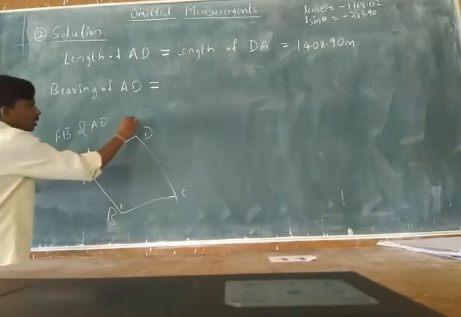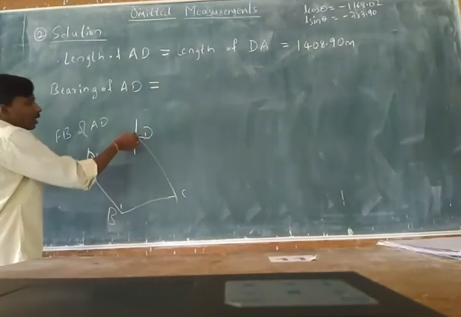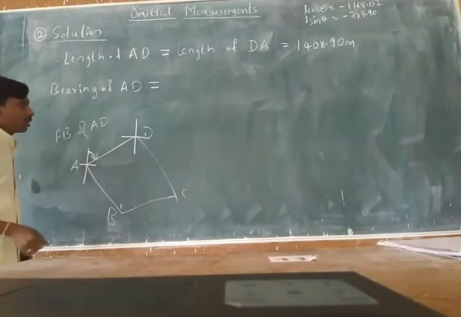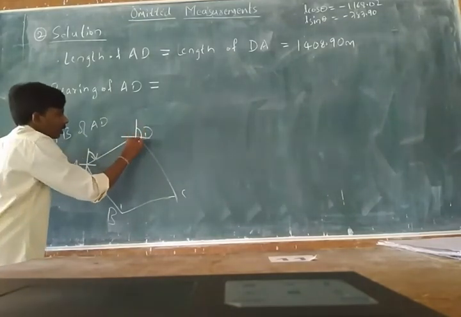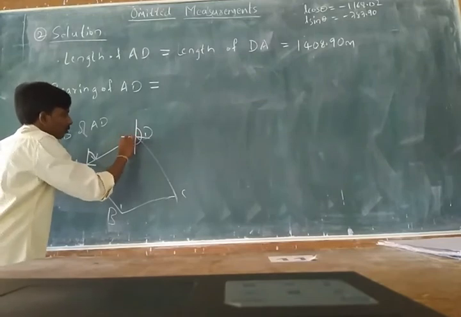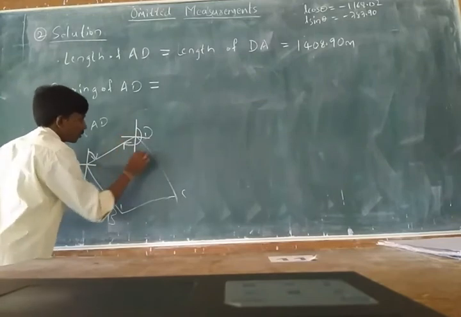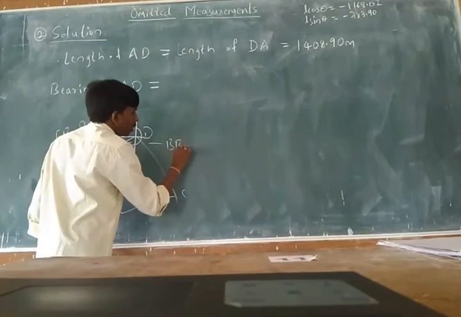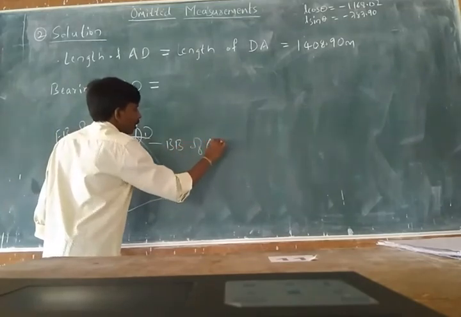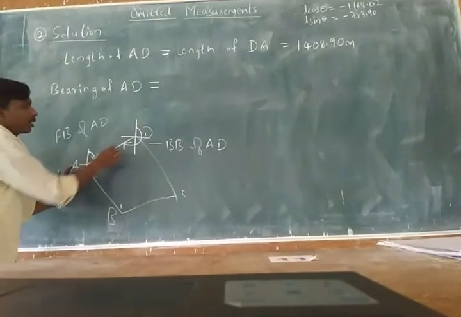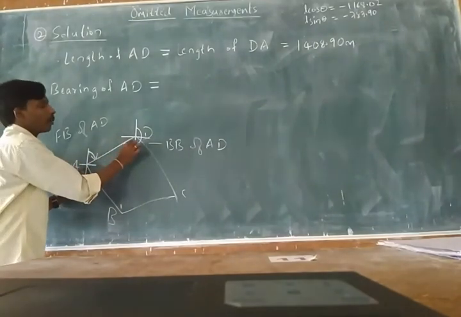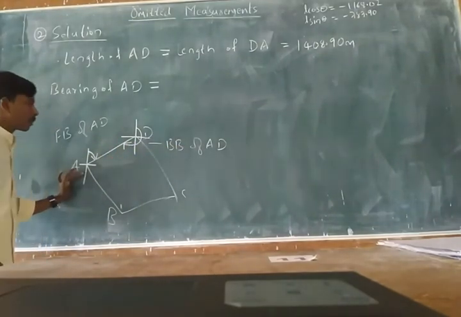Now from the D point, if you measure the bearing of the same line, it will be different. This will be called the back bearing of AD, because the line is AD.